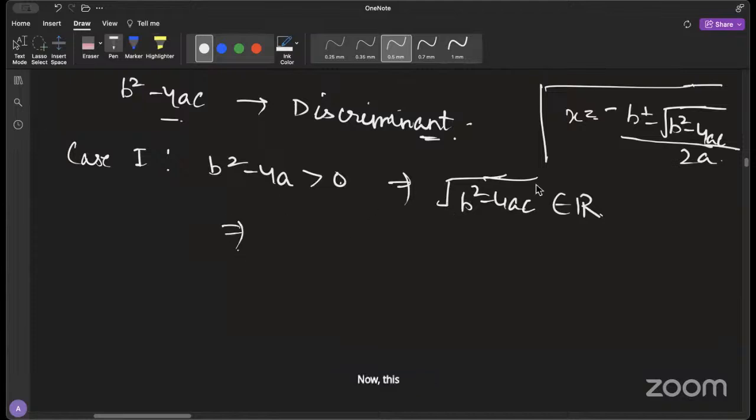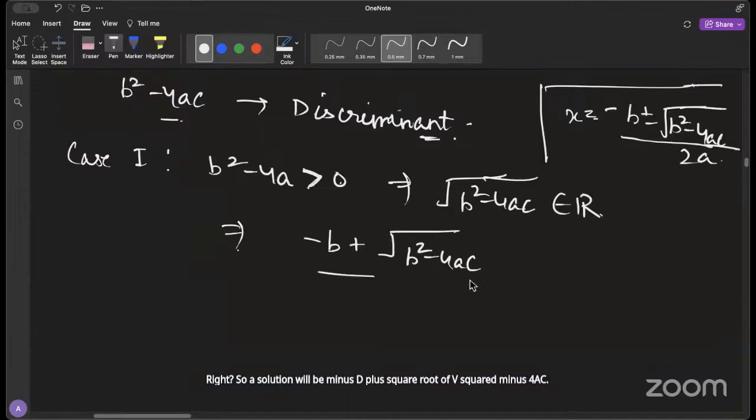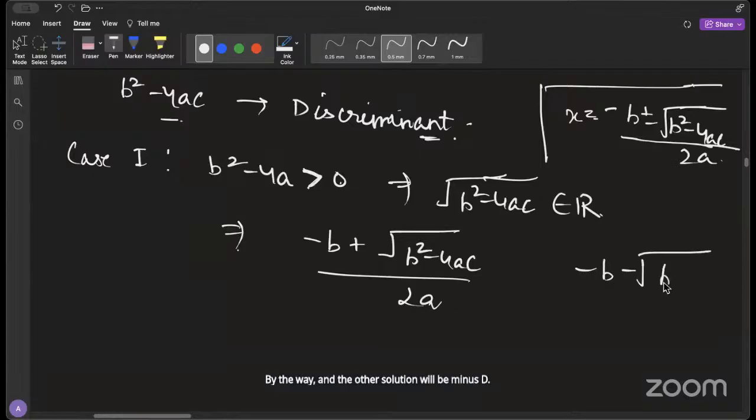And we're saying that this is strictly greater than 0, that means this thing is not 0. So the solution will be minus b plus square root of b square minus 4ac by 2a, and the other solution will be minus b minus square root of b square minus 4ac by 2a.